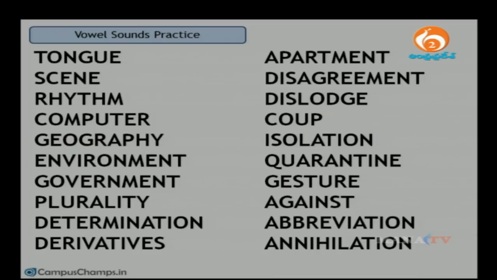All right. So let's take a quick look at these words for quick practice. First, tongue, scene, rhythm, computer, geography, environment. Please don't say environment, it's environment.